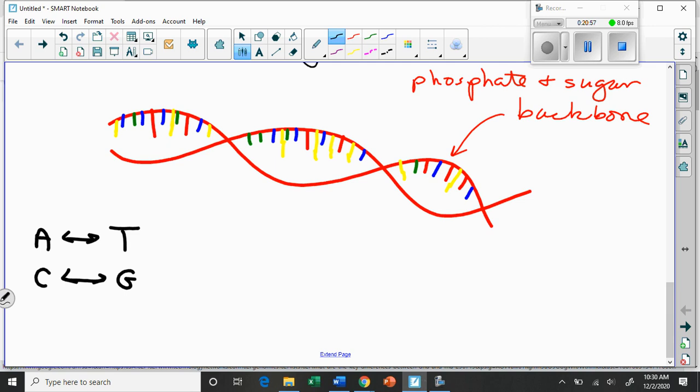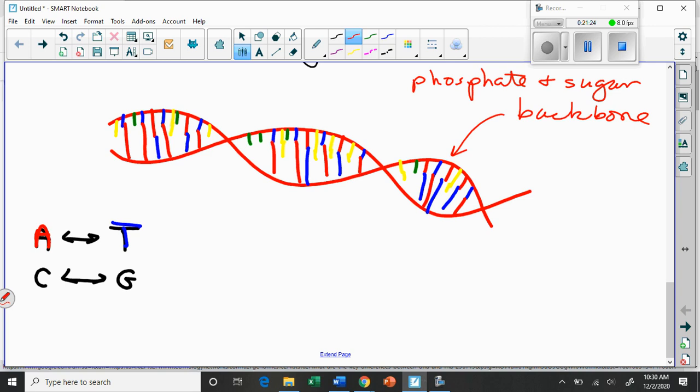So let's say that we call our red one an A, and our blue one is a T. That means across from every A, there has to be a T. So across from every red A, there's a blue T. That also means that across from every blue T, there has to be a red A. So every blue one has to have a red one attached, right?